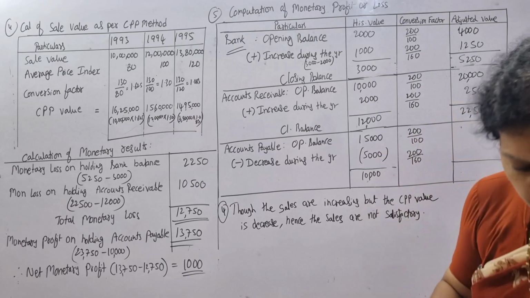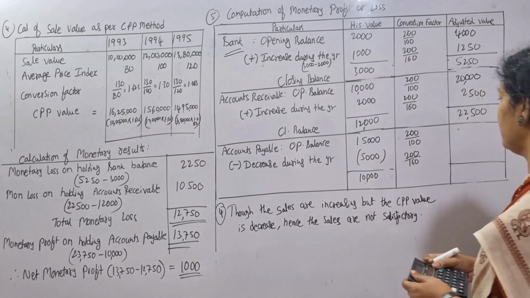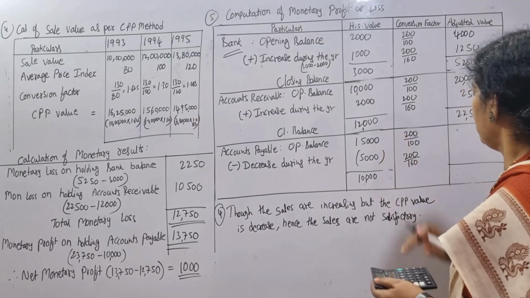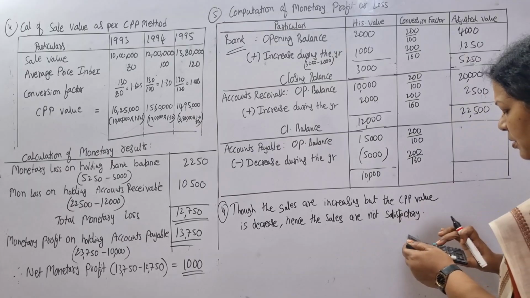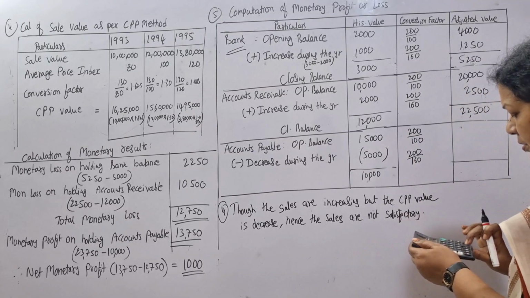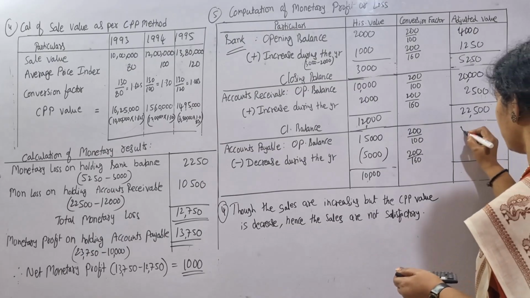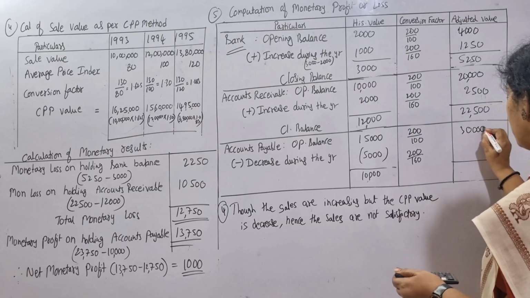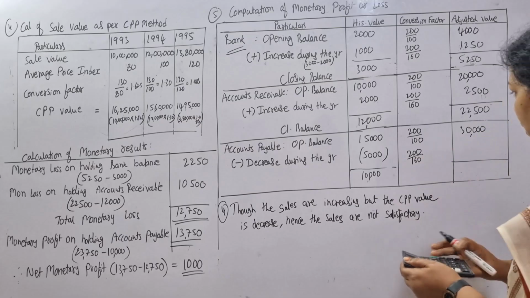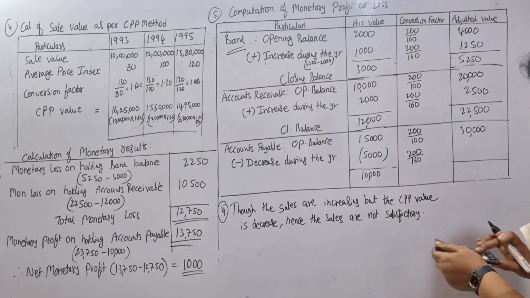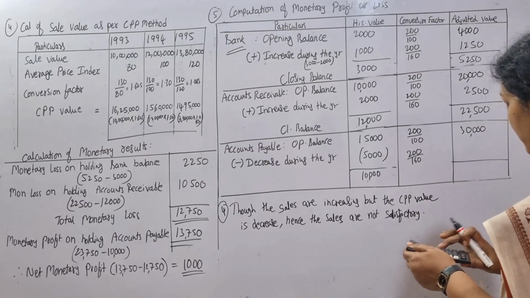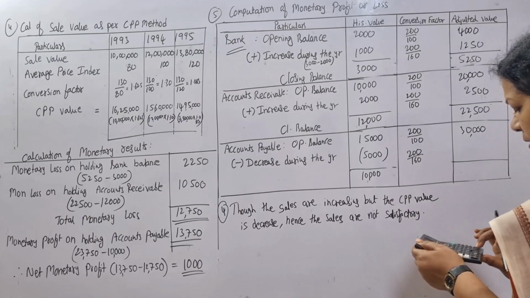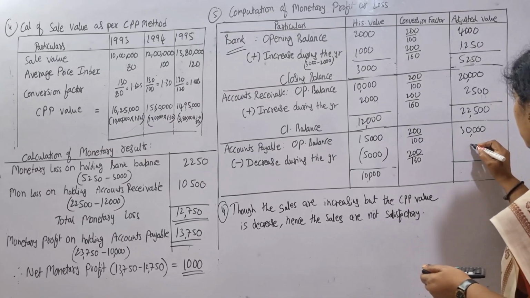So this is a decrease. Now this calculation, if you see, 15,000 into 200 divided by 100. This is 30,000. And this one, 5,000 into 200 divided by 160, which comes to 6,250.